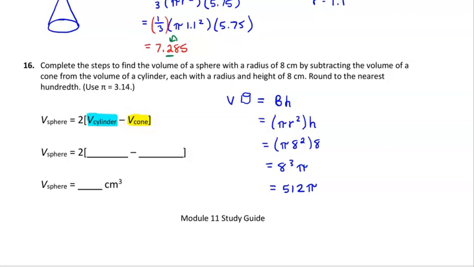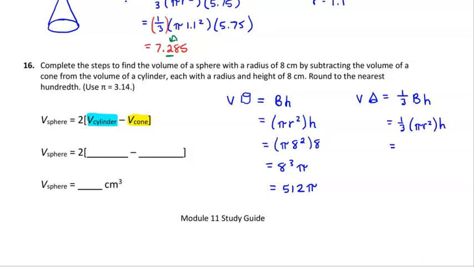And they told us that the volume of the cone, and if I look at my reference sheet, it's 1/3 times the area of the base times the height, just like what we did in number 15. So we've got 1/3, and then the base of that cone is a circle again, and so we've got pi r squared and then times h.